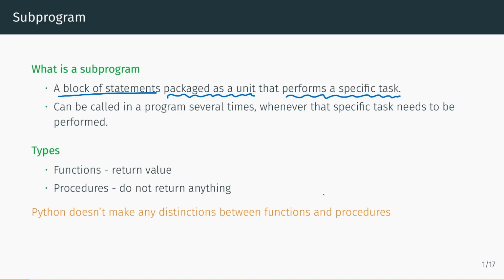Now this block of statements, this unit, can be called in a program several times whenever that specific task needs to be performed. So the analogy here is it's like a recipe.